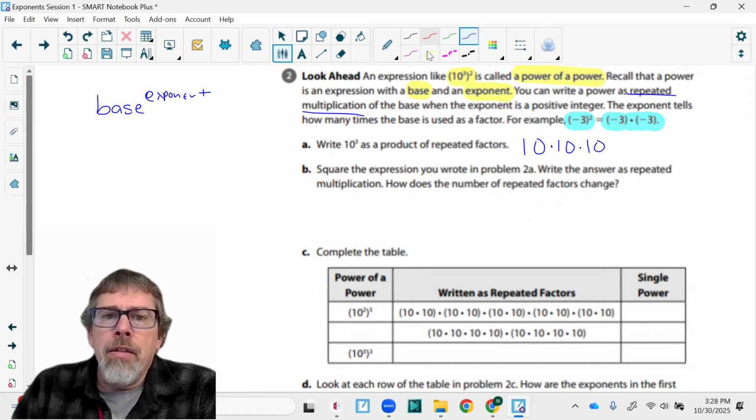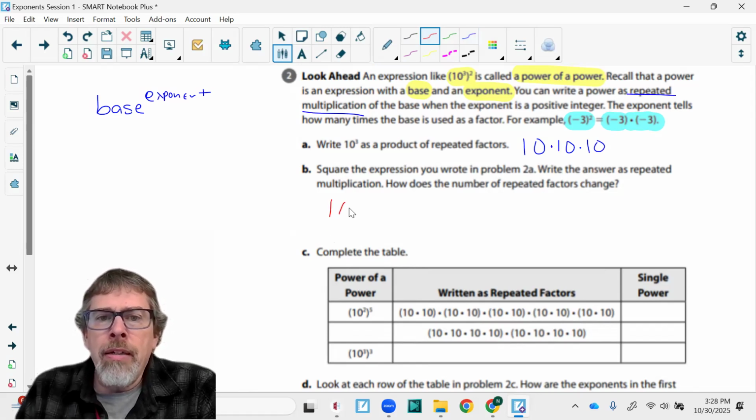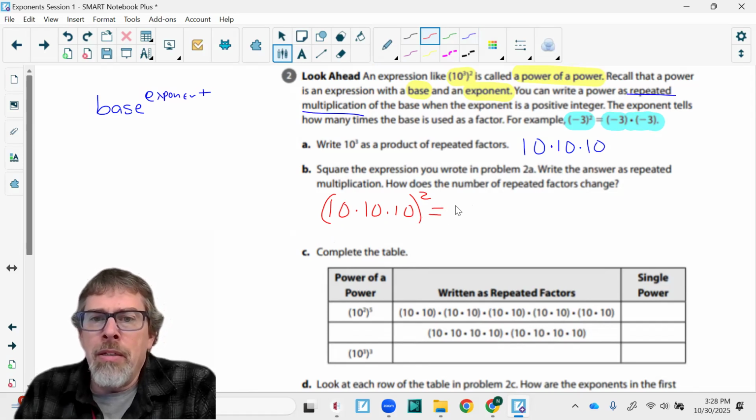Part B says, square the expression you wrote in problem 2A. Well, I wrote 10 times 10 times 10 in 2A, and in order to square that as a group, I'm going to put parentheses around it. That simply means 10 times 10 times 10 twice. 10 times 10 times 10.